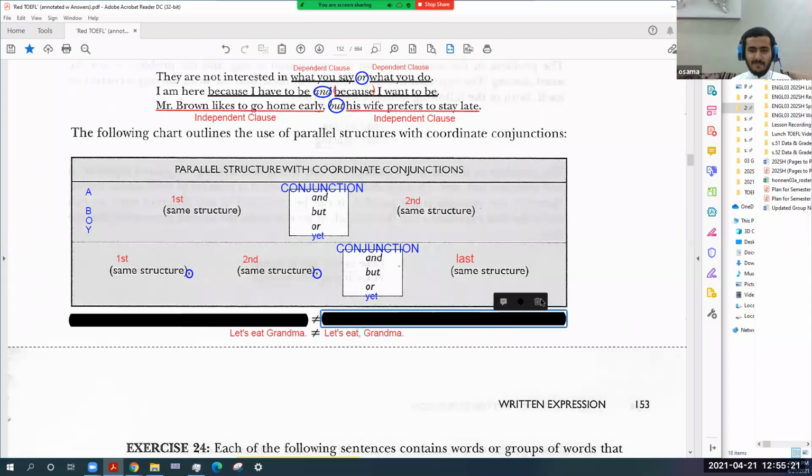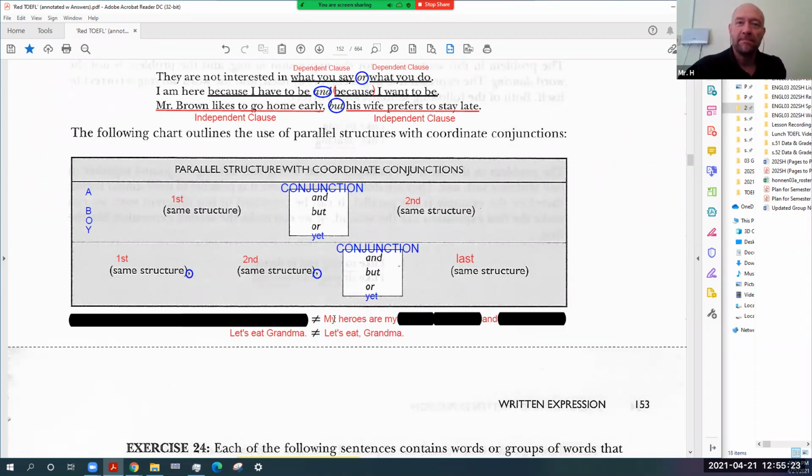Abdul Majid, I want you to read this one. My heroes are my parents, Superman, Batman, Wonder Woman. How many heroes do I have?